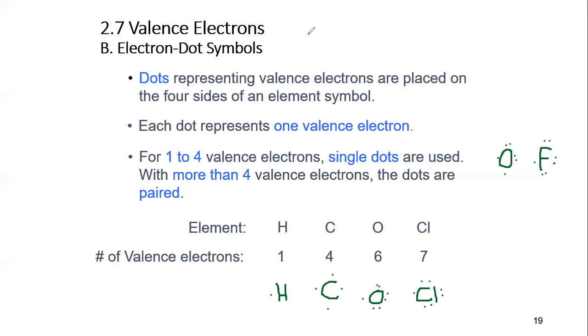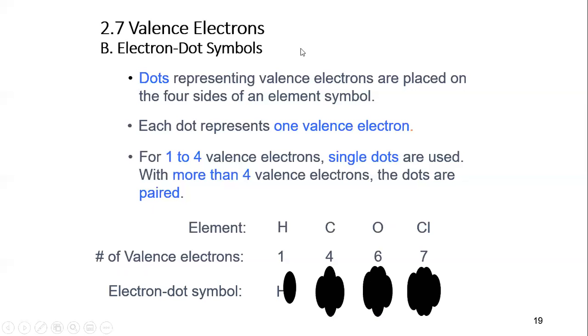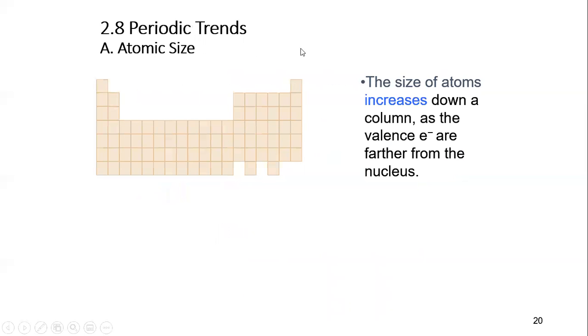All right. So this is one periodic trend, valence electrons. Another periodic trend is atomic size. As you can imagine, as we move from left to right, top to bottom, the size of atoms differ. And you can correlate the atomic size to the number of valence electrons.